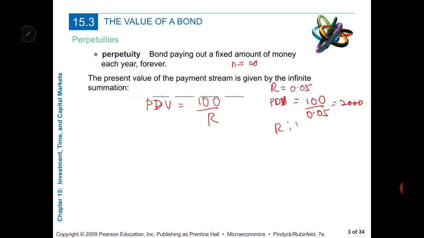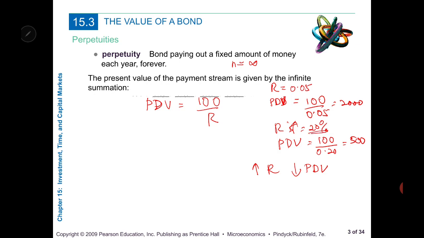If R is 20%, then the PDV, with the 100 that you receive monthly divided by 0.2, will be 500. So again, what you see here is that the higher the interest rate R, the smaller the PDV.